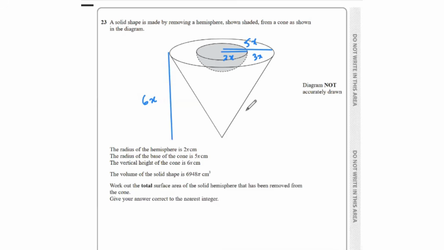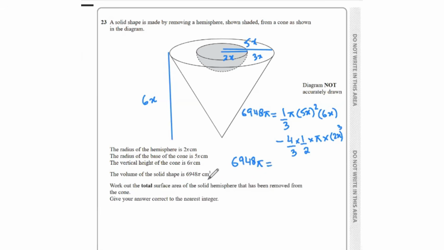So they said that 6,948 pi is basically the volume of the cone, which is 1/3 pi r squared h, where r is 5x and h is 6x, minus the volume of the sphere, 4/3 times 1/2 because it's a hemisphere, times pi r cubed, so 2x cubed.